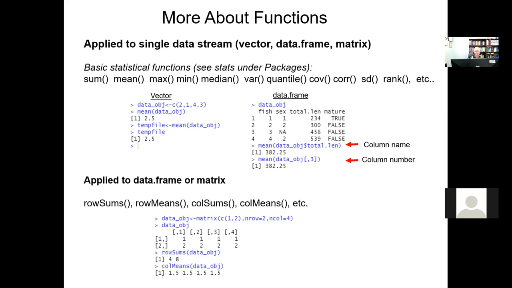As I mentioned earlier, you can assign the results of these functions to particular objects. In this case, it's taking the mean of that vector and saving it into another object called temp file. Then you can type the name to show what's in there.